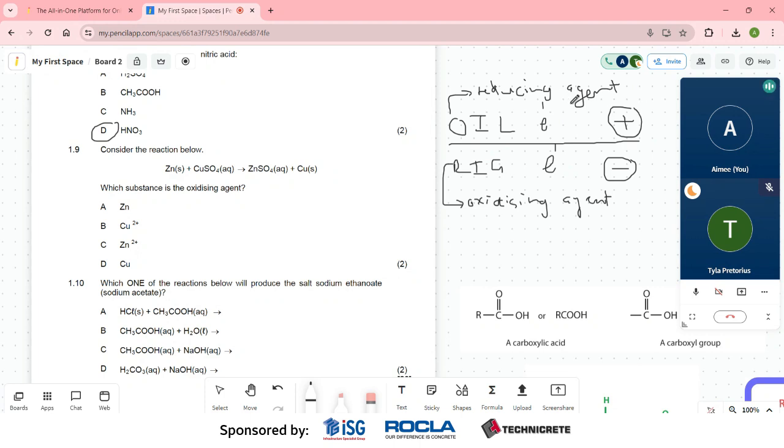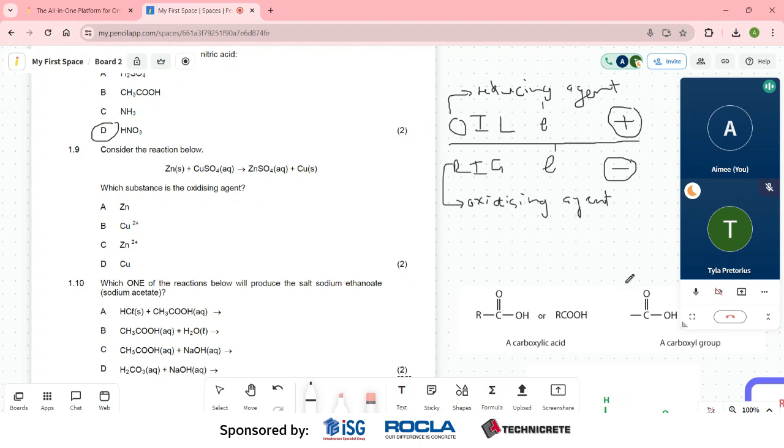If they use the word agent and the word oxidizing comes before it, you're looking for the substance that undergoes reduction and gains electrons.